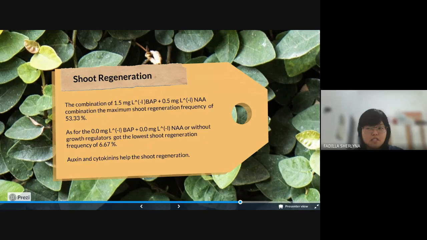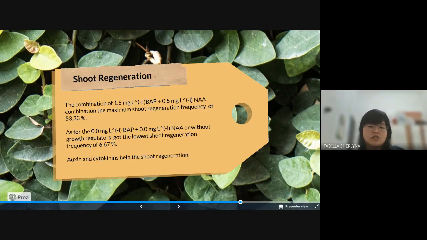The second combination was 0.5 milligram per liter BAP plus 0.2 milligram per liter NAA. That was an increase in the regeneration frequency to 16.67%.